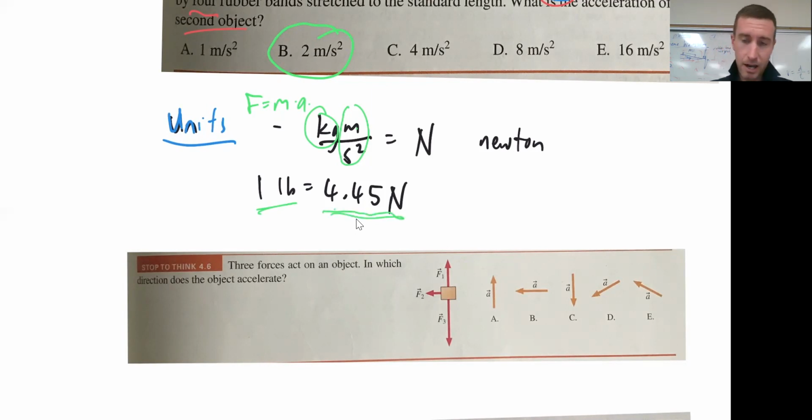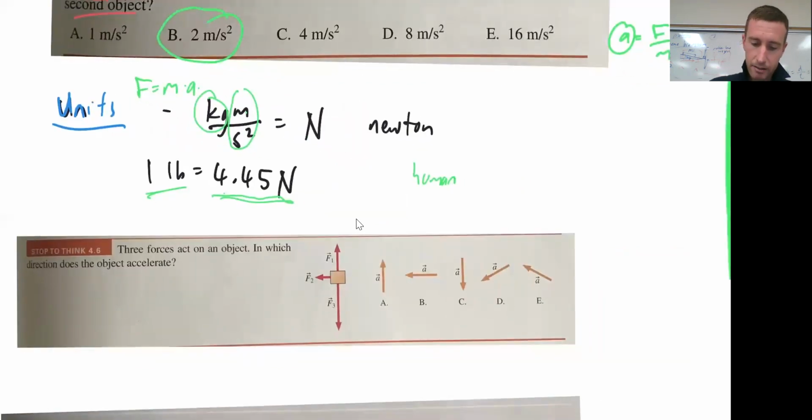So I weigh about 150 pounds, 145 pounds, times 4.5 would put me in the 675 Newton range, right? So a human might have a weight of 675, 700 newtons.